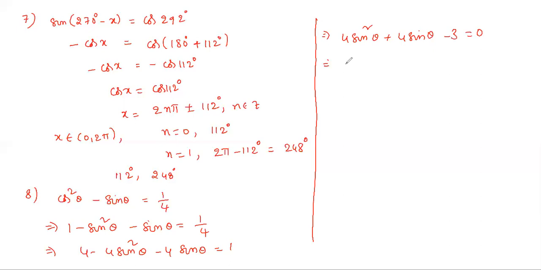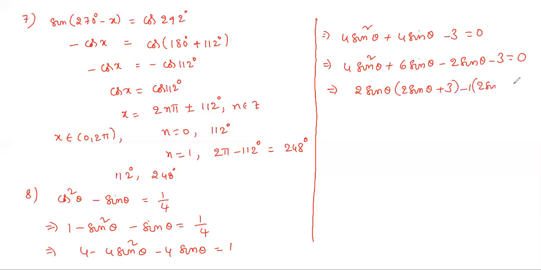So factors of 12 are plus 6 and minus 2: 4 sine square theta plus 6 sin theta minus 2 sin theta minus 3 equals 0. So 2 sin theta common: 2 sin theta plus 3 minus 1 common. So 2 sin theta minus 1 into 2 sin theta plus 3 equals 0.